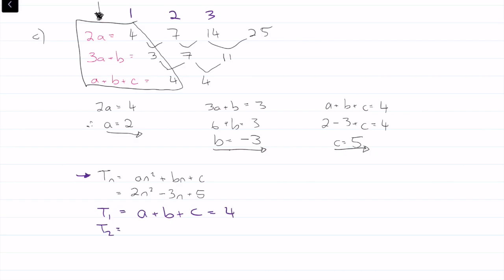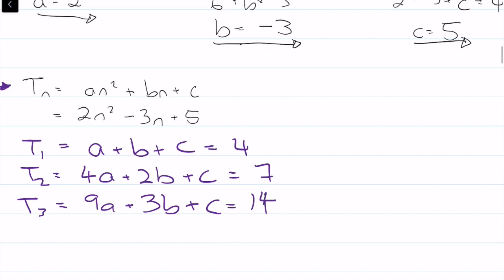T2 is going to be 2 squared, which is 4a plus 2b plus c, equal to the next term, which is 7. And then T3 is going to be 3 squared, which is 9a plus 3b plus c, equal to the next term, which is 14.